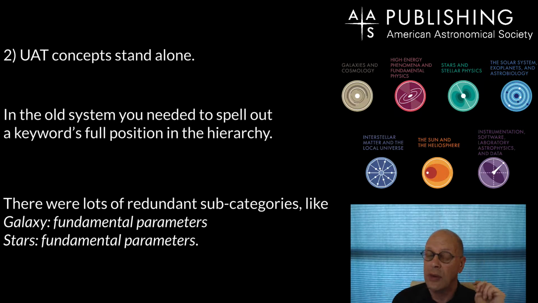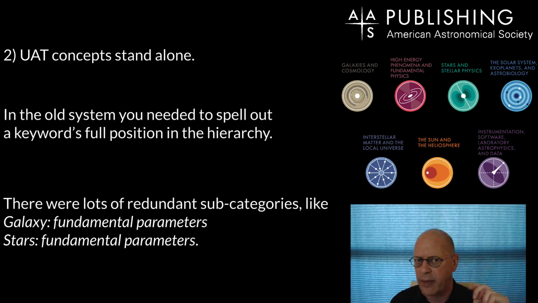Number 2 of the differences is that UAT concepts stand alone. In the old system of keywords, you needed to spell out a keyword's full position in the hierarchy, and there were lots of redundancies within those subcategories. For example, we would have things like galaxies, fundamental parameters, and then stars, fundamental parameters.